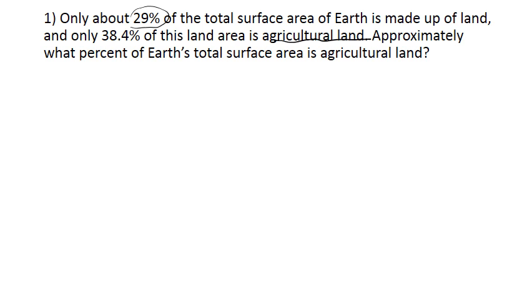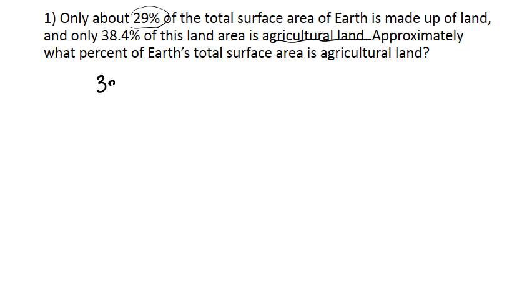So this is a percent of another value. And so it's a percent of a percent. So it's 38.4% of 29%. To figure out the total, we have to think of the total surface area on Earth as 100%.